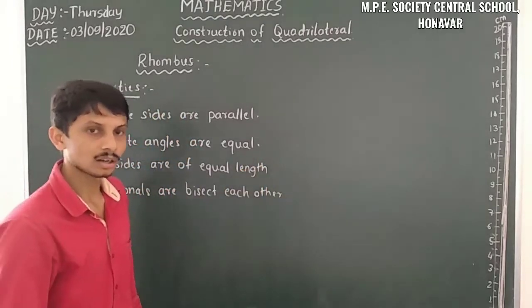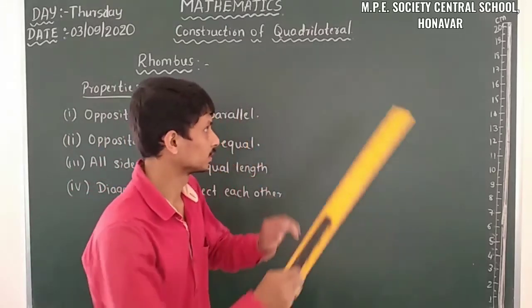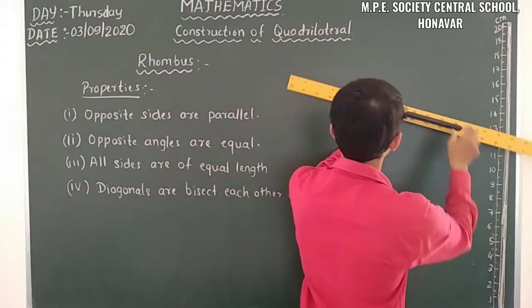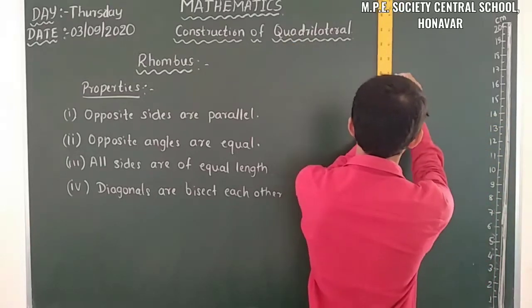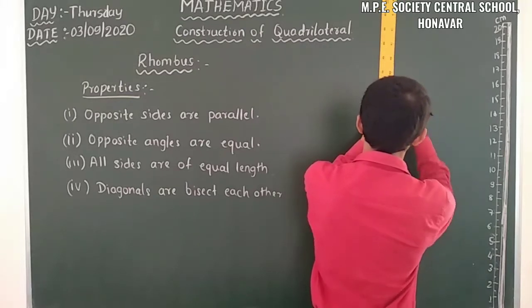So let us draw a rhombus. I will take the rhombus here, like that. It's a rough sketch.